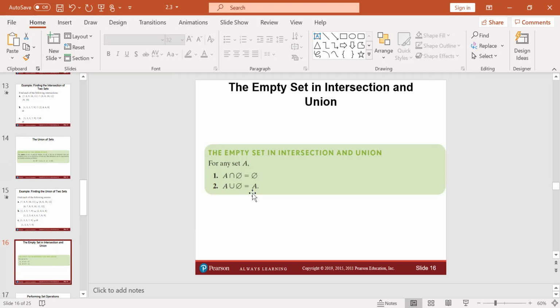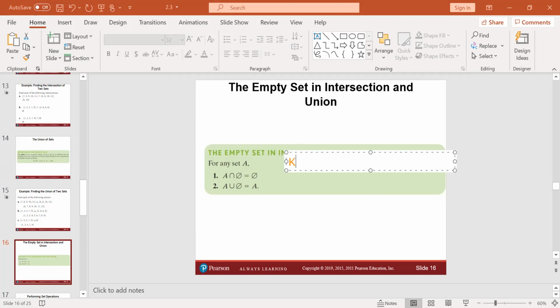Well, you know what this kind of looks like to me? What happens when you multiply a number by 0? You get 0. What happens when you add 0 to a number? Nothing happens. You stay with your original number. Hey, that looks a heck of a lot like this, and that's a very good observation.